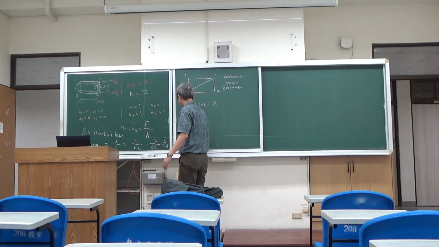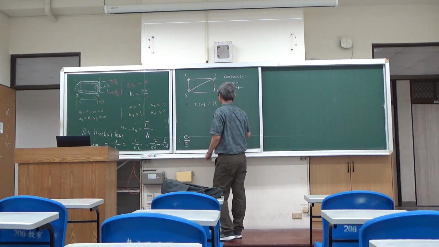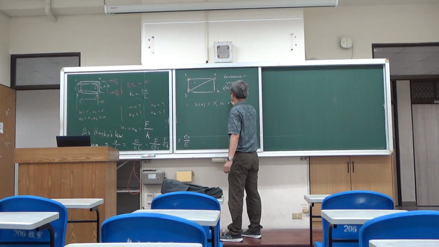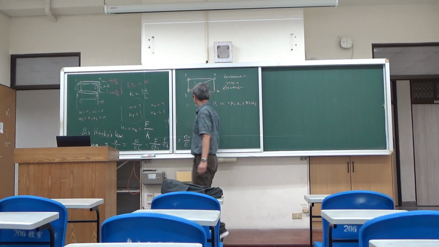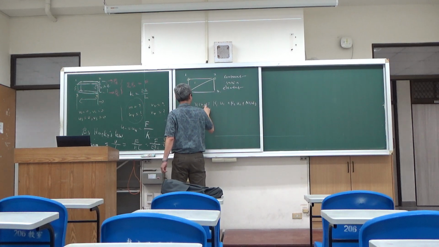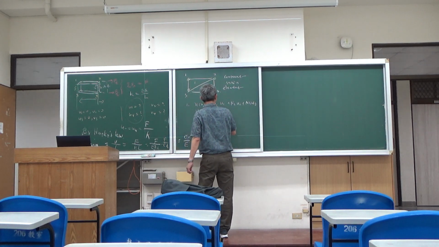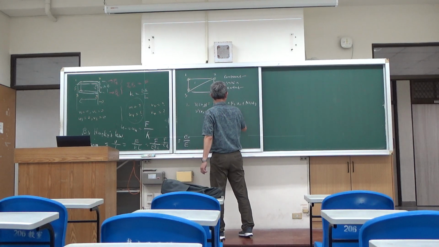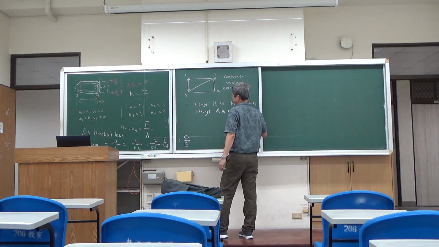You might have node 1, node 2, node 3. U1 and 2, U2 and 3, U3. You could have V. In this case, this is X1. You have N1 V1 plus N2 V2 plus N3 V3.